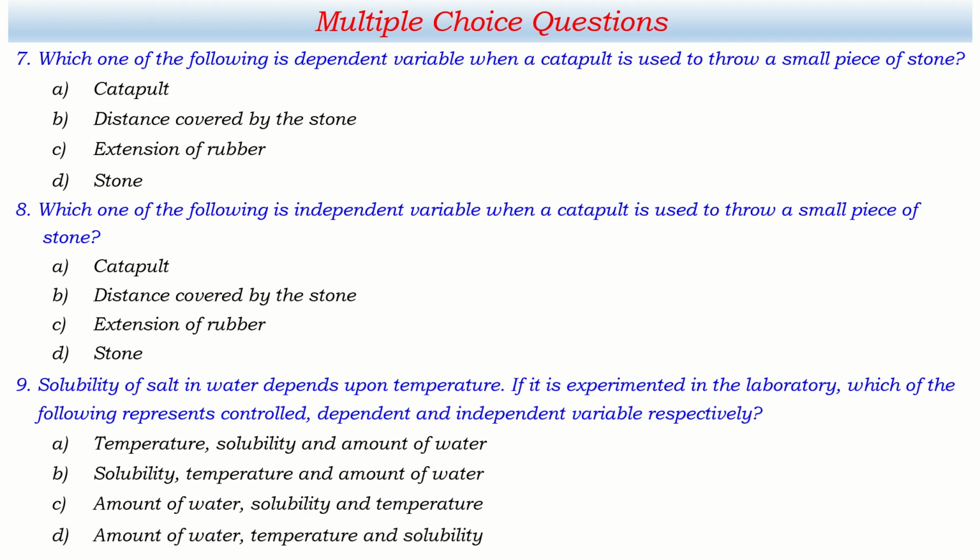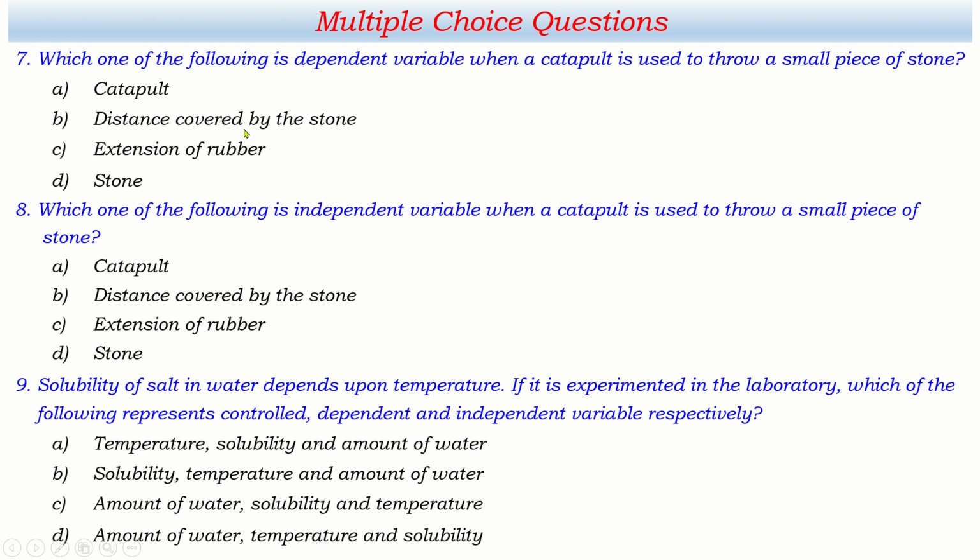Now let's have question number 7. Which one of the following is the dependent variable when a catapult is used to throw a small piece of stone? Actually, extension of rubber can be increased or decreased. That's why this is independent. Here in the question, dependent is asked. Its effect is seen in the distance covered by the stone.